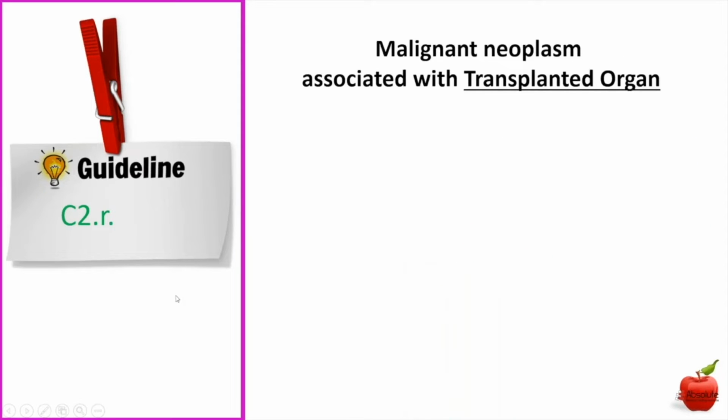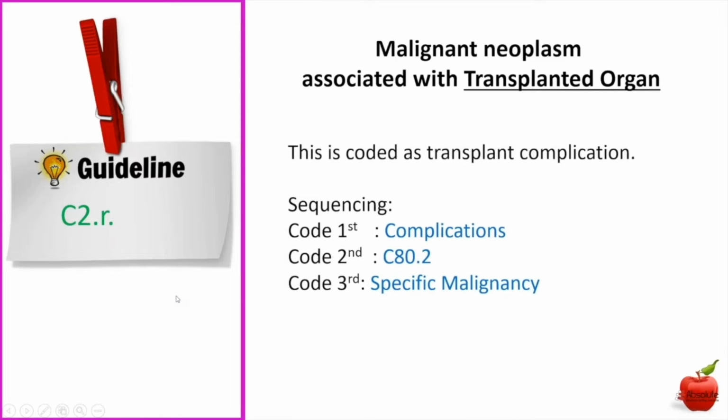And malignant neoplasm associated with transplanted organ, the guideline C2.R. A malignant neoplasm of a transplanted organ should be coded as a transplant complication. So the sequencing order would be like this.